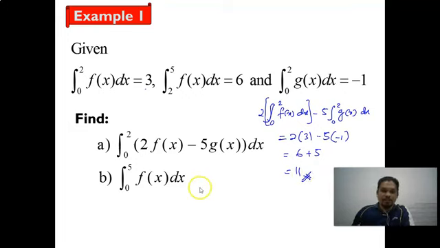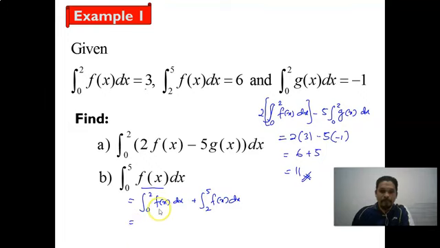And what about this one here now? The integral from 0 to 5. Since the function f(x) is separated into two, f(x) from 0 up to 2 and then 2 to 5, then it is the integral of f(x) dx from 0 up to 2 plus the integral of f(x) dx from 2 until 5.